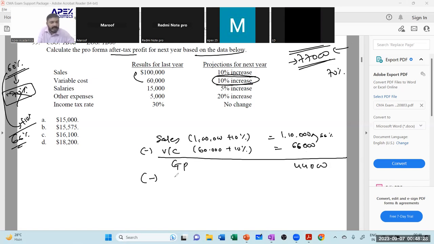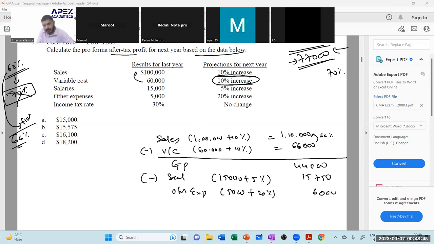What is going out? Salaries: 5% increase, 15,000 plus 5%, 15,750. Other expenses: 5,000 plus 20% increase, 6,000. Income tax is 30%, 6,675. Profit before tax, what am I left with? 22,250.